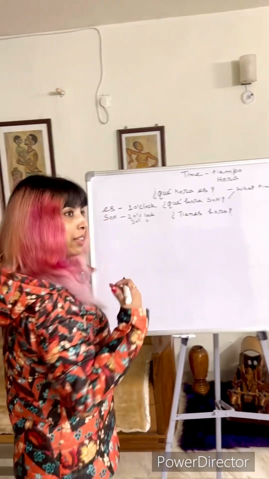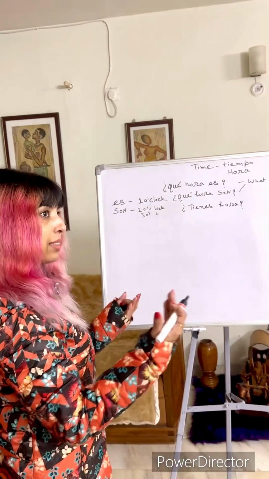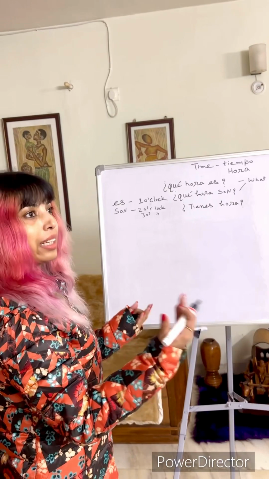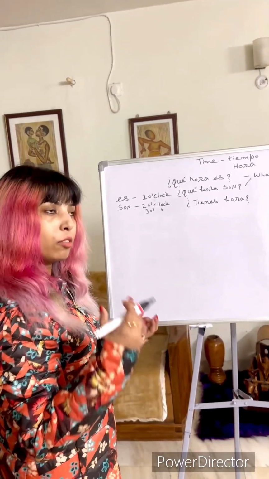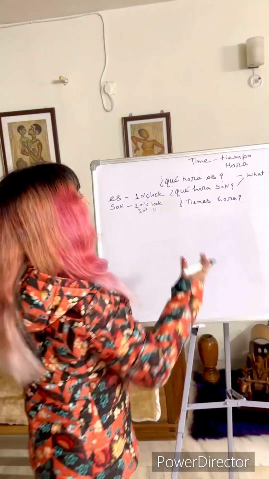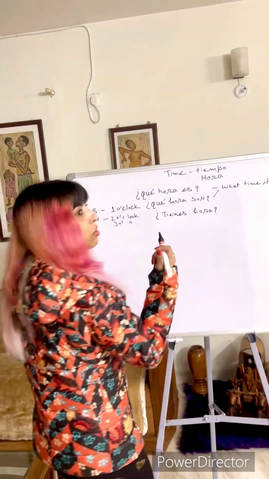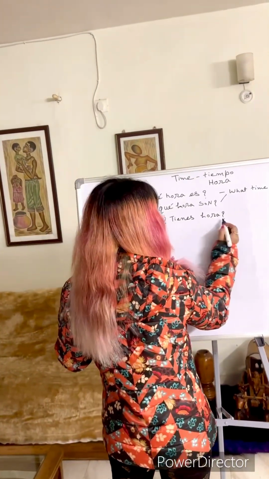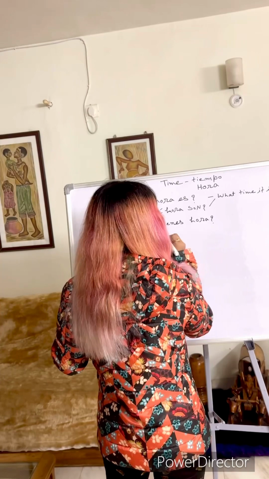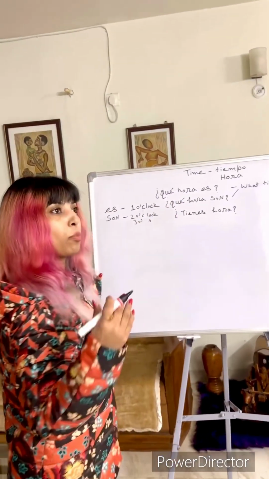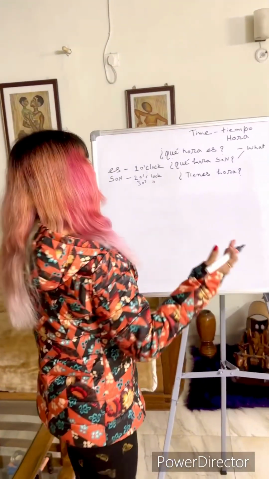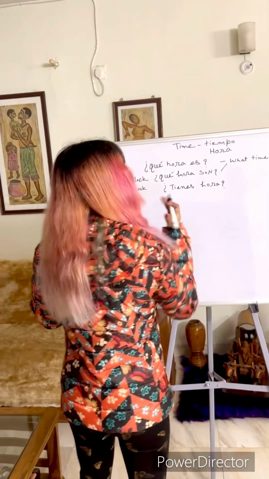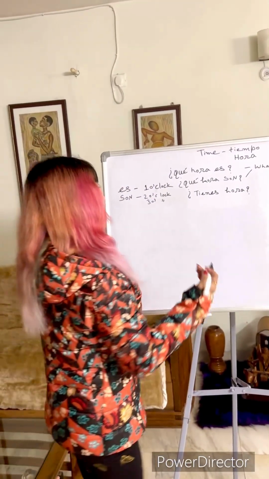But when you are asking tienes hora, it doesn't mean that you want to borrow someone to talk to or something. It is like, do you know what time it is? So someone can ask you like that too, and then you are supposed to tell them what time it is.